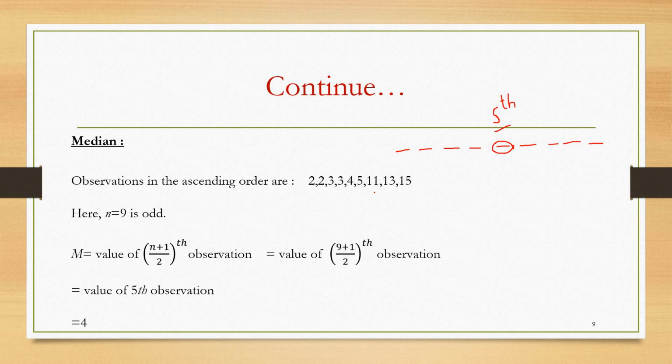Okay. Now we will see which value is on the 5th place. 1, 2, 3, 4, 5. It is 4. Now 4 is our median, not 5. 5th observation is the median and the 5th observation in all data set when arranged in an ascending order is 4. So the 4 is our median for data set.